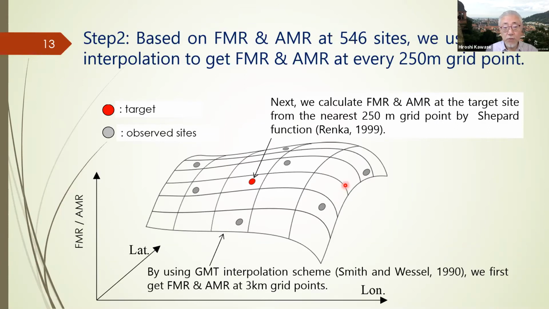So we first use the GMT interpolation scheme by Smith and Wessel, called the surface function in GMT. And then next, we use the Shepherd function proposed by Lenka to get the 250 meters grid.